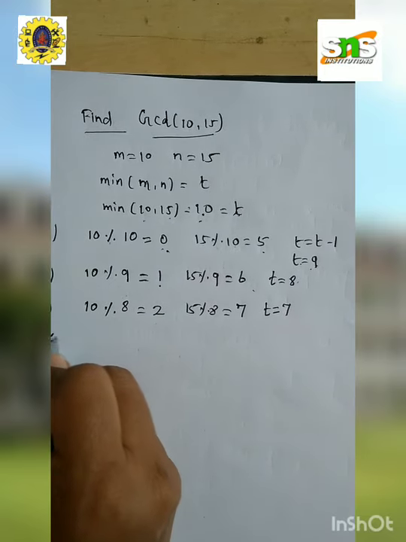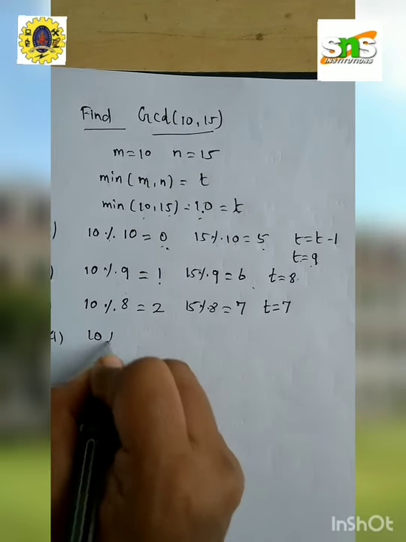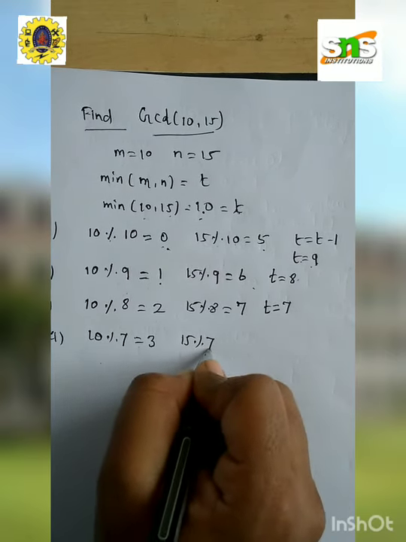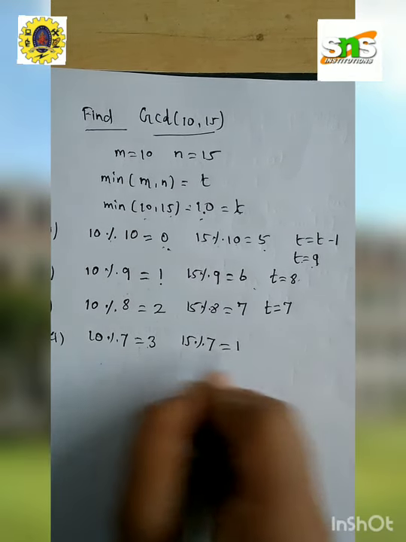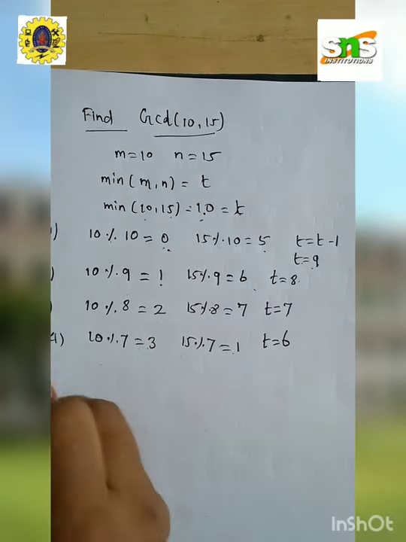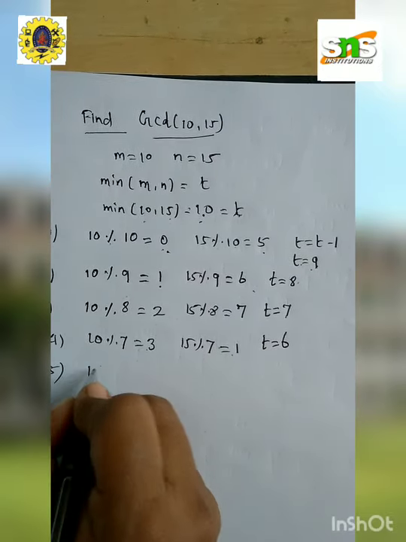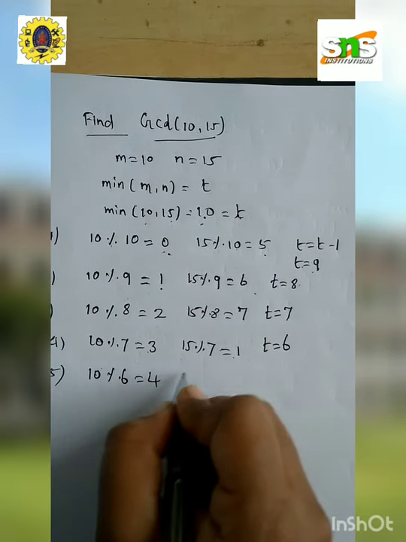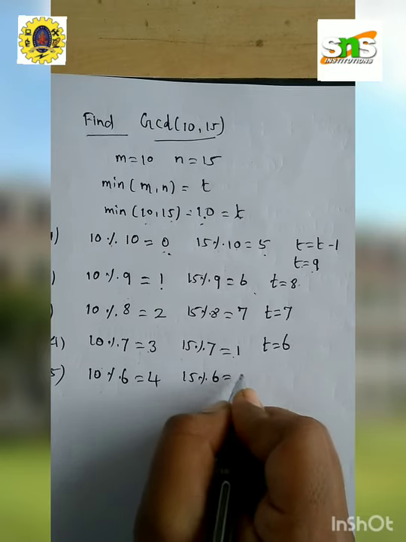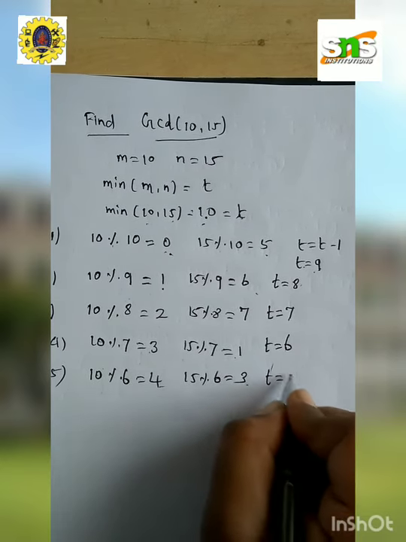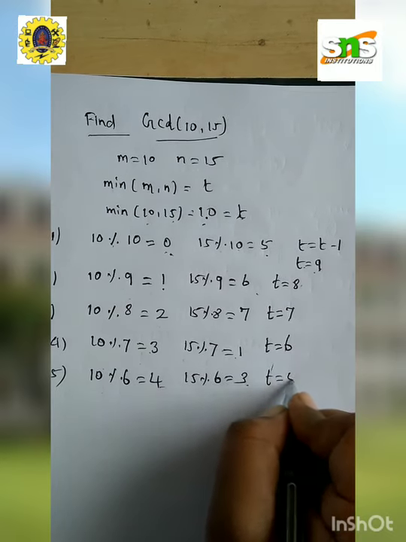Now the fourth step, 10 mod 7 equal to 3, 15 mod 7 equal to 1. Both are non-zero. Again decrease t, 6. Next, the fifth iteration, 10 mod 6 is equal to 4 and 15 mod 6 is equal to 3. Both are non-zero. Again decrease t, 6 minus 1, 5.